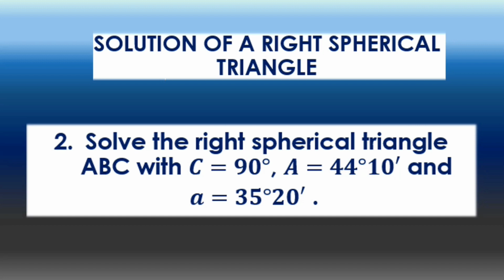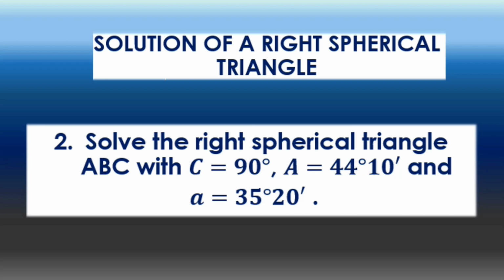When one of the angles is 90 degrees, the spherical triangle is right. With the other given parts, angle A measures 44 degrees 10 minutes, and side A is 35 degrees and 20 minutes.